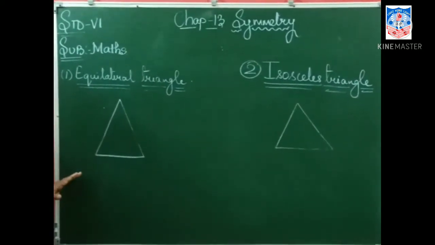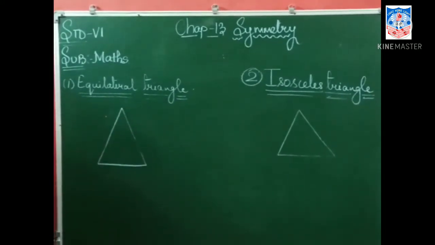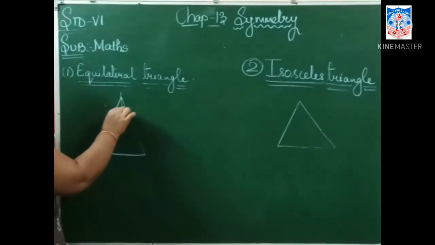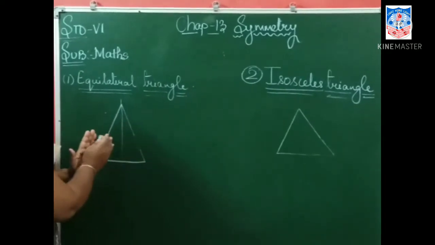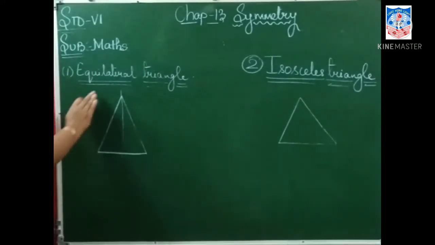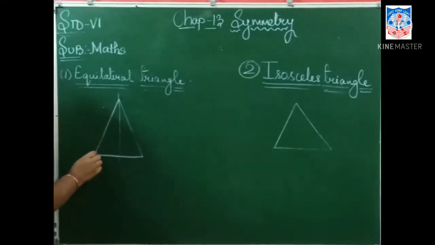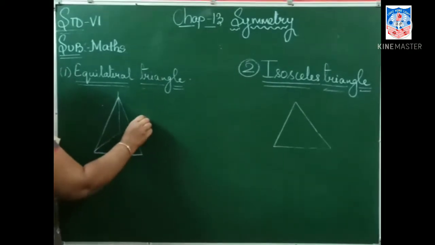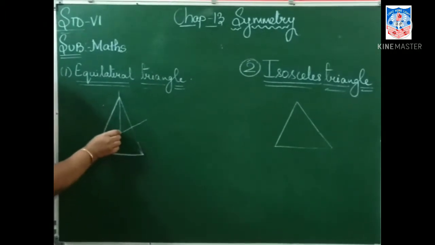Now, equilateral triangle. See, equilateral triangle means all the three sides are equal. If I draw a line here, see, both the parts look equal, look the same. As this is an equilateral triangle, all three sides equal, I can divide this triangle like this way also and like this way also.